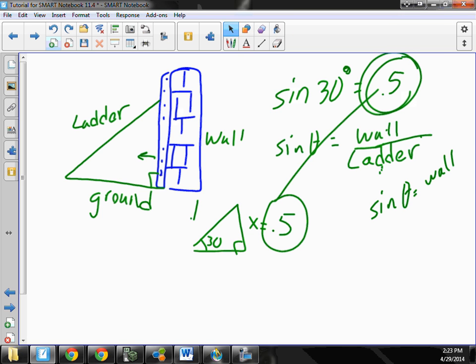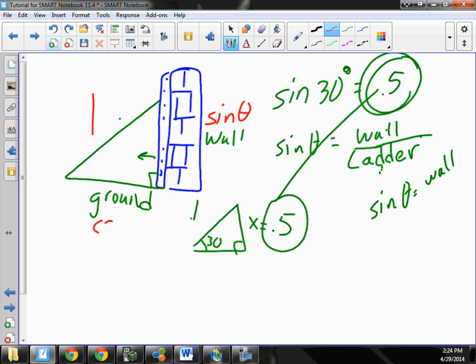So I can go back to my original problem. If I erase the ladder length and I put 1 up there, then this becomes the sine of theta, and this becomes the cosine of theta, as long as my theta is right there. Right? Well, we're going to be dealing with a lot of identities. The most important identity is probably the Pythagorean identity.